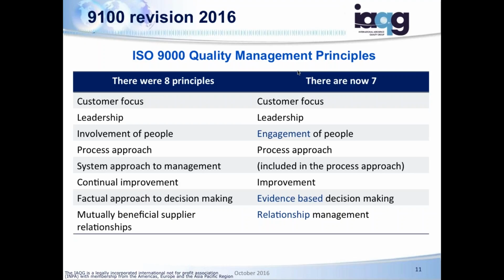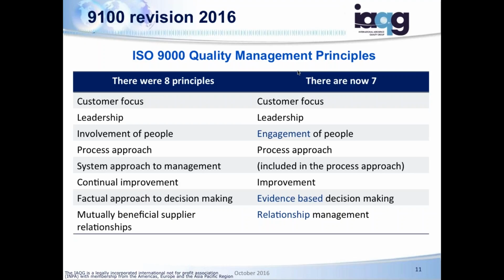Customer focus, once again, is still the main principle behind ISO 9001 as well as 9100. Leadership, engagement of people: how do you get people aligned doing the same type of thing? The process approach. The systems approach to management was kind of confusing to some people, so it has been included within the process approach.